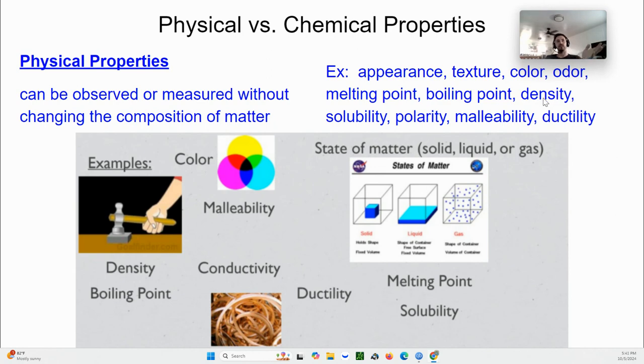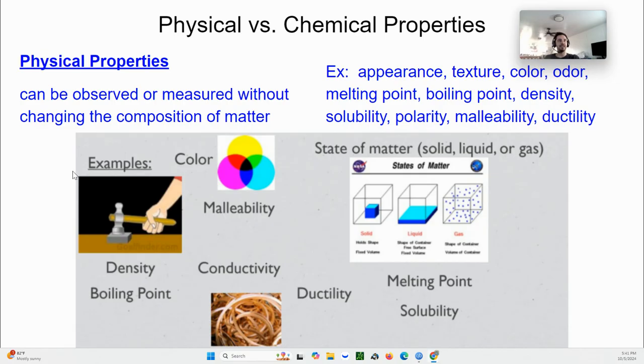Whereas with a physical change or physical property, we're keeping the chemical the same, the element the same, but changing something else about it, like its texture or color. Well, actually, color is a physical property, but changing color is a chemical change. It gets tricky.